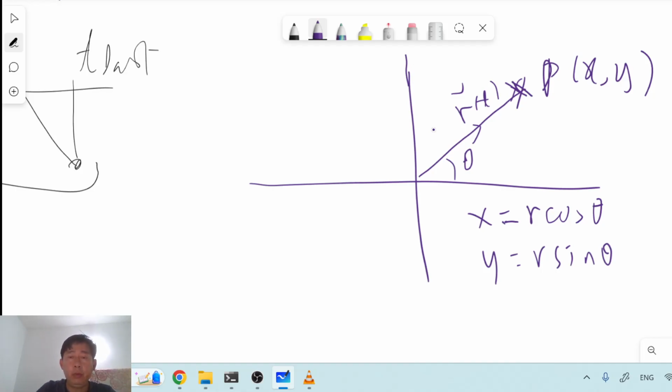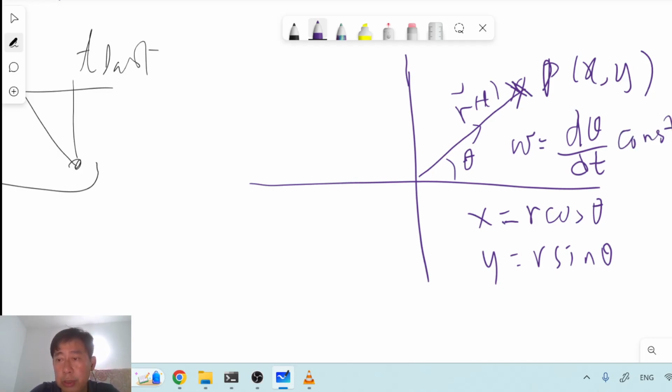And here we are assuming that the angle of the particle is changing with time uniformly. So d theta dt, which defines the uniform angular speed, is defined as omega, which is a constant. So it is assumed that the particle is making a circular motion at a constant speed of omega.